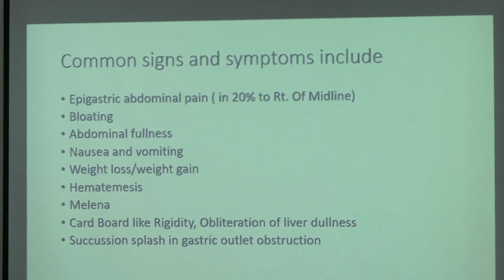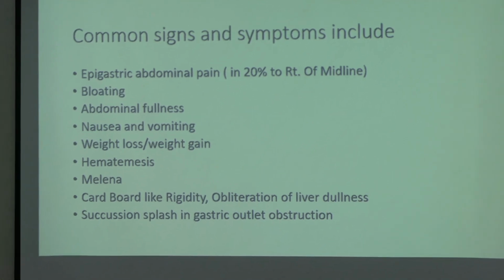This is hematemesis. Melena. What is melena? Melena is black, foul-smelling stool. This is because of bleeding in the upper part of the intestine, which may be because of a gastric ulcer or rupture of the varix, variceal bleeding.